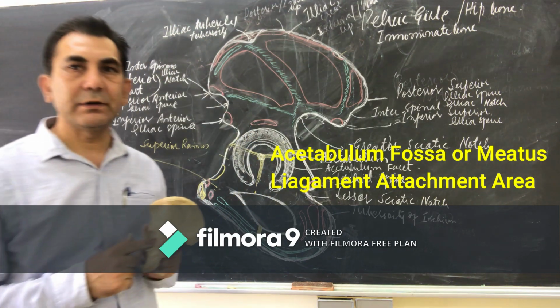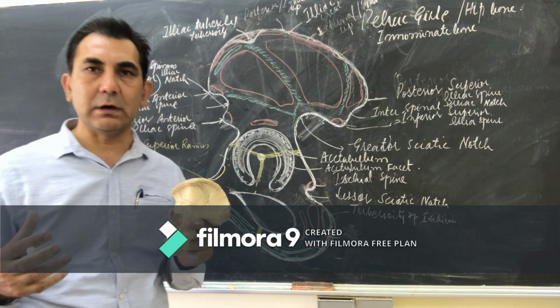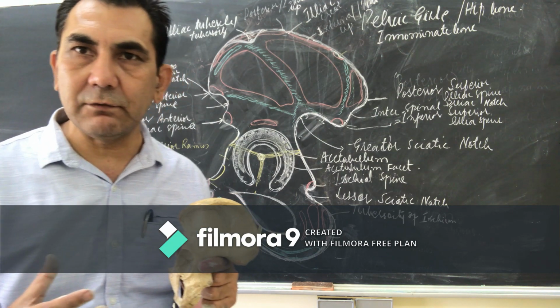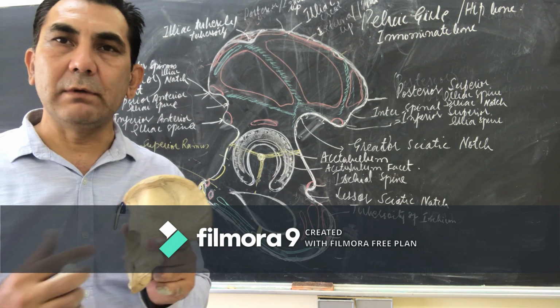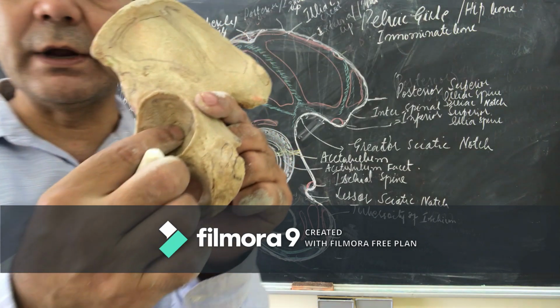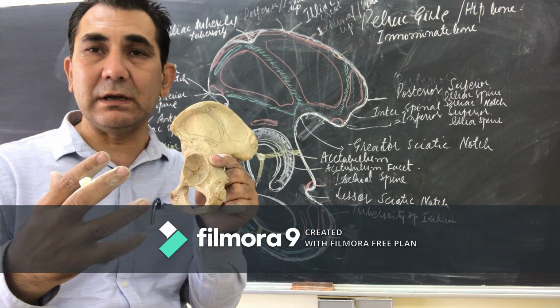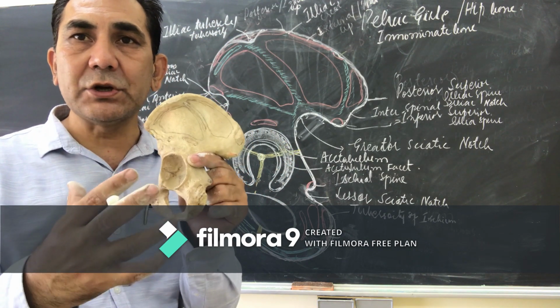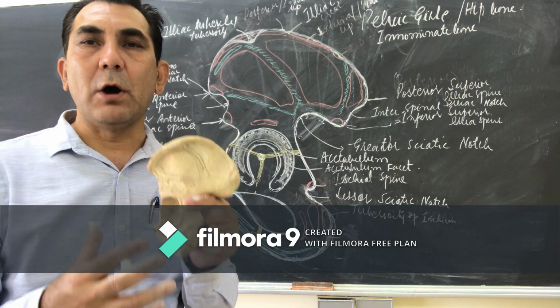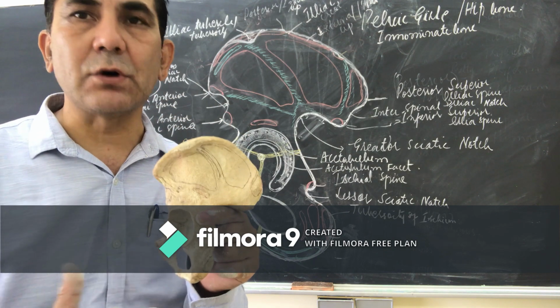The acetabulum ligament, the ligament of the head of the femur bone, will come up and join over here to make the ball and socket joint stronger.